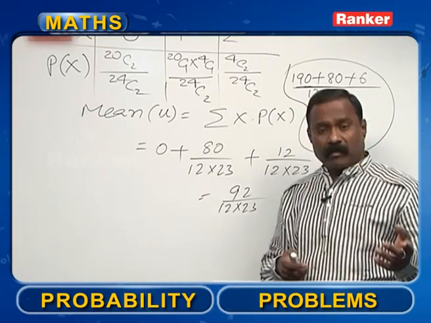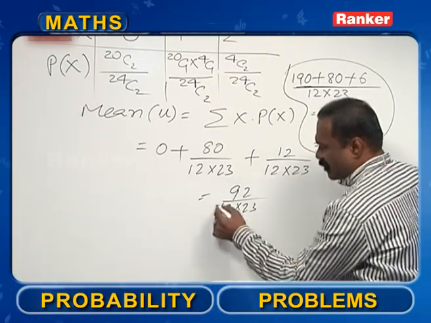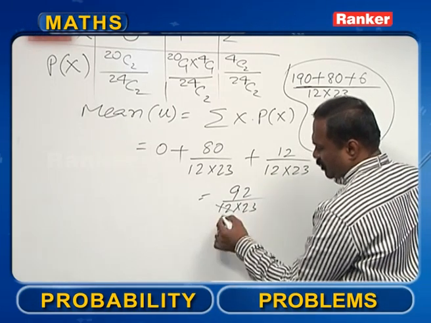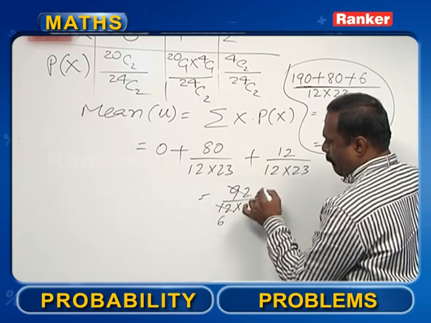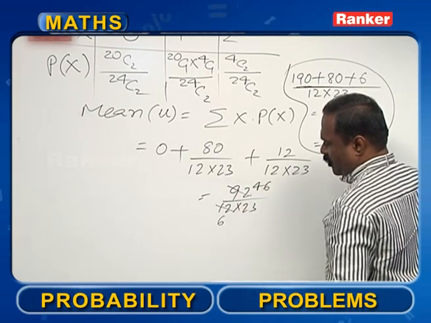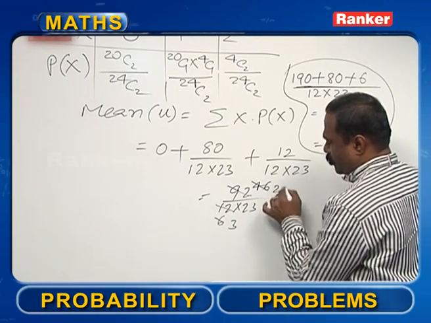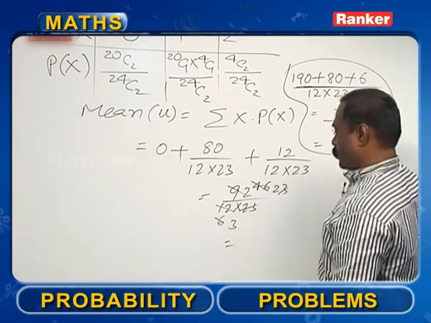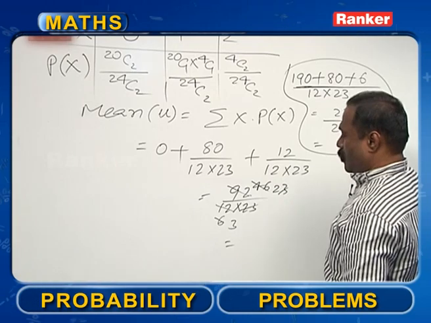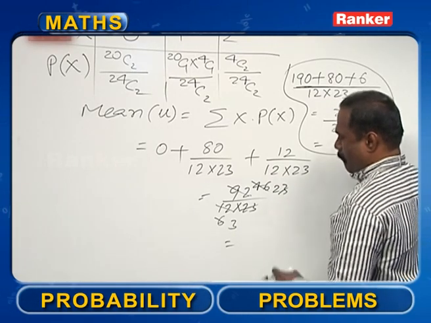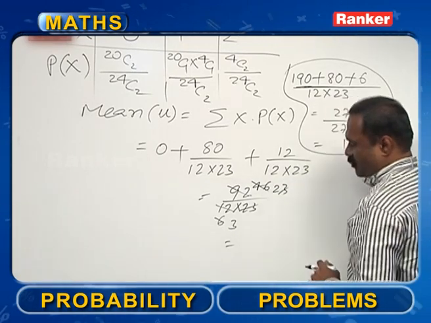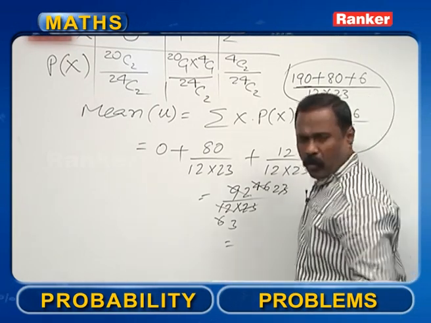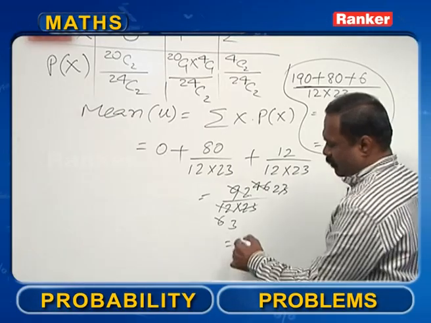If you simplify this, you will get the answer. 12 into 23 is 6 times 46, and 92 is 4 times 23, so 23 gets cancelled, and the answer is 1 by 3.